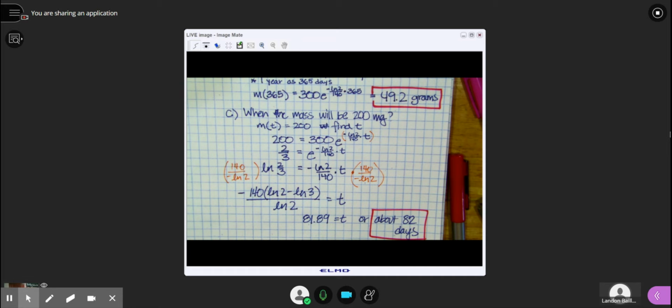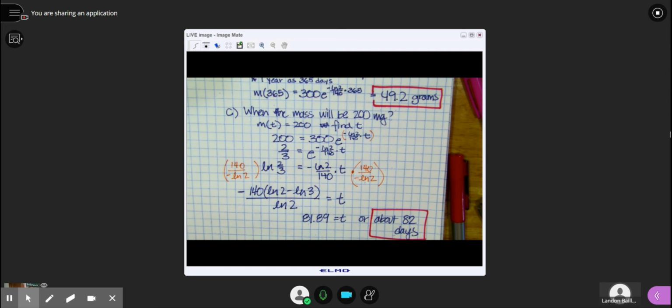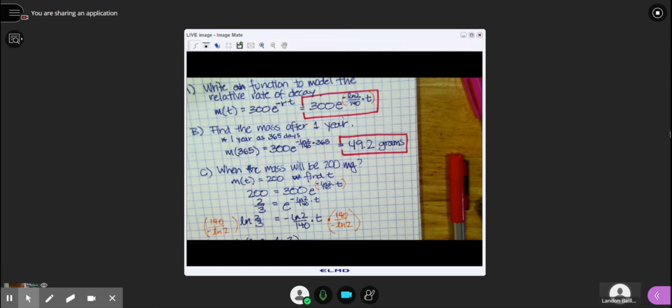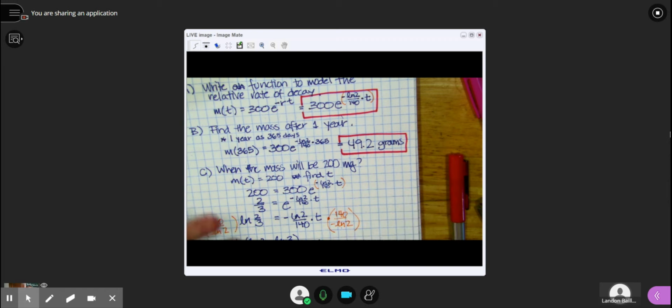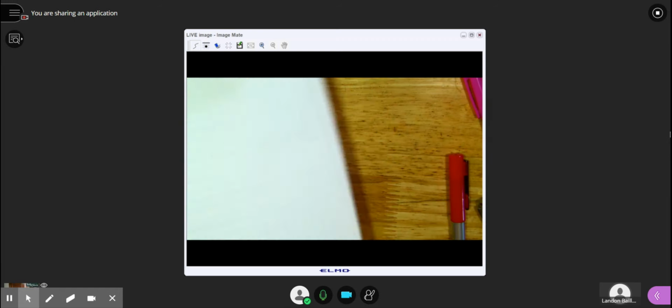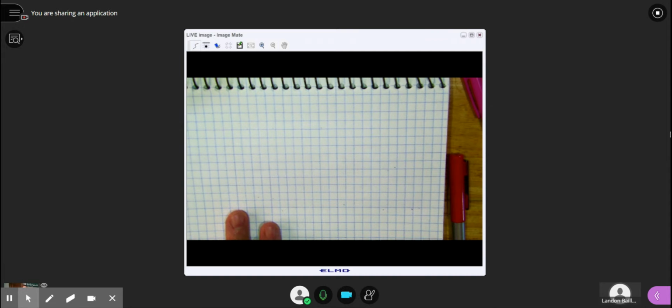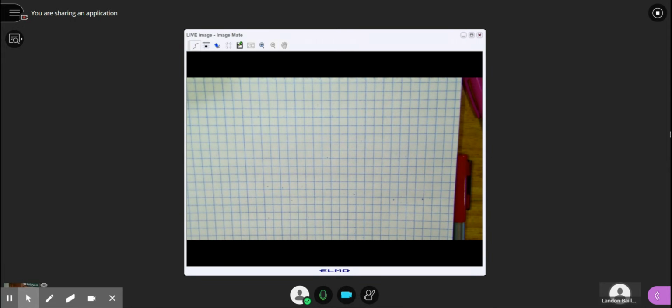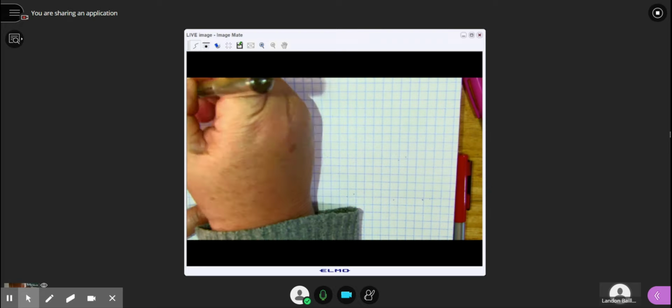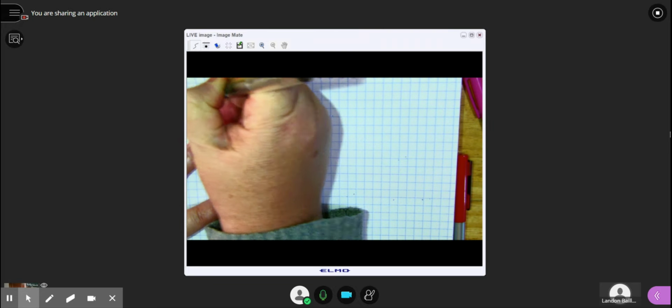Great. Okay. The last law has been a big hit in previous terms. I don't know if it will be this term or not, but okay. This is known as Newton's law of cooling.